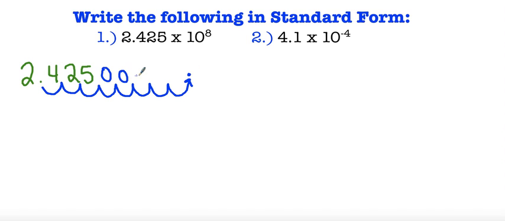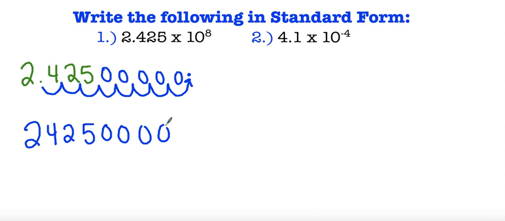And we're going to add zeros as place value holders. And here I have 242,500,000.